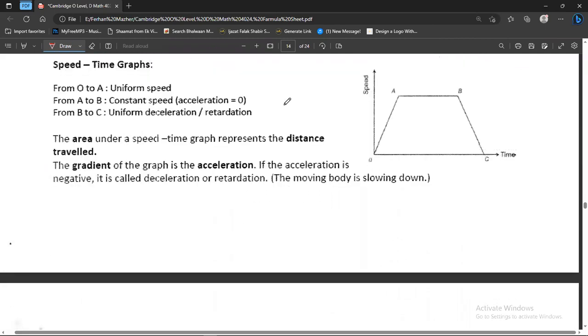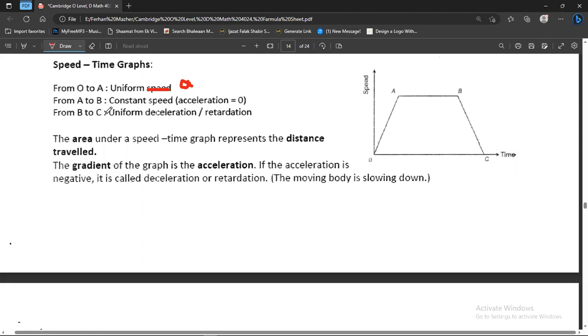In the speed time graph, if you have speed here and time here, from O to A we have uniform acceleration. From A to B, we have constant speed and the acceleration is 0.